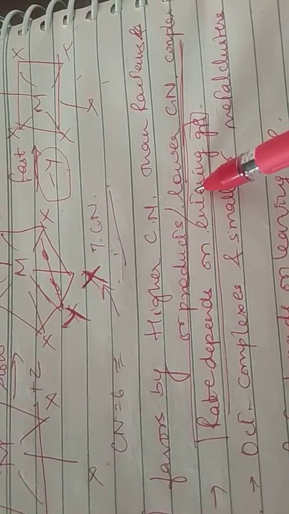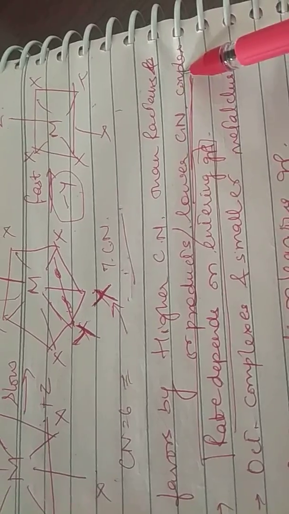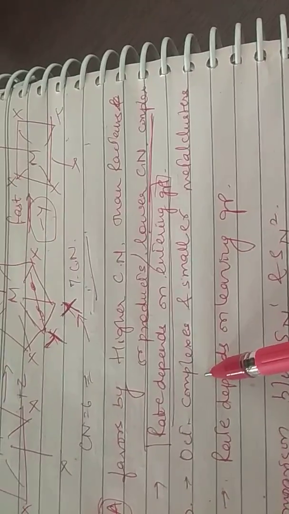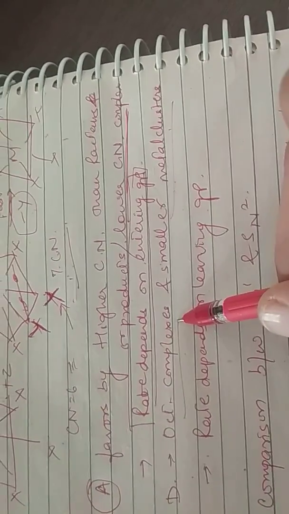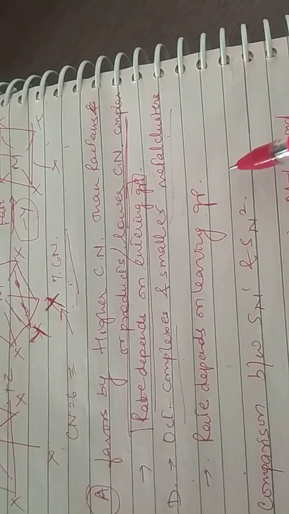The dissociative mechanism is favored majorly by octahedral complexes and smaller metal clusters, and the rate depends on the leaving group. Why does this happen with smaller metal clusters and octahedral complexes? Because they easily undergo metal ligand bond cleavage.